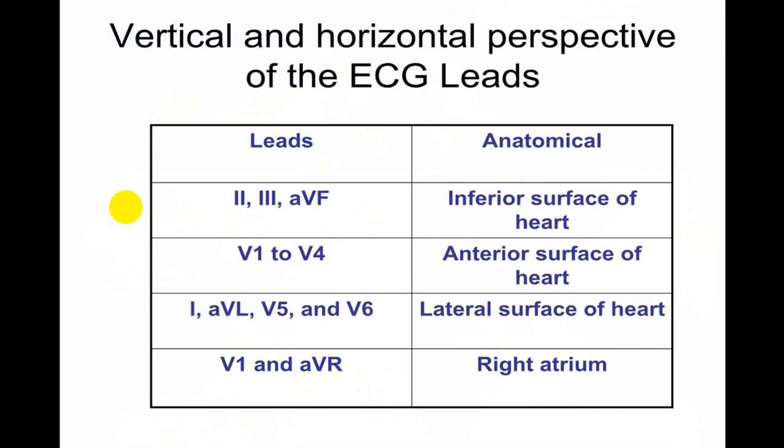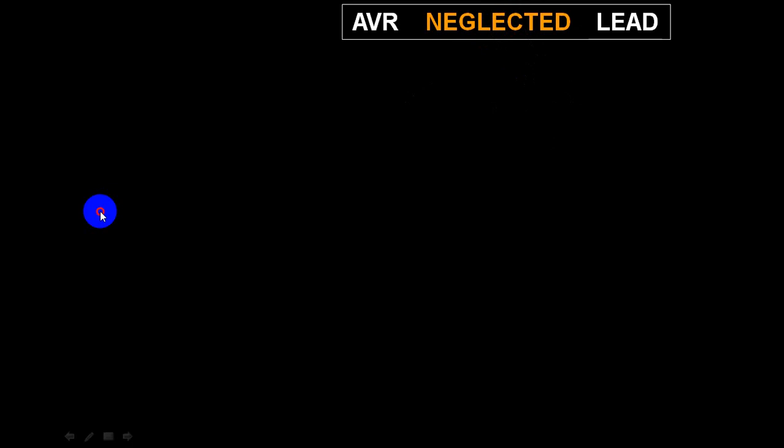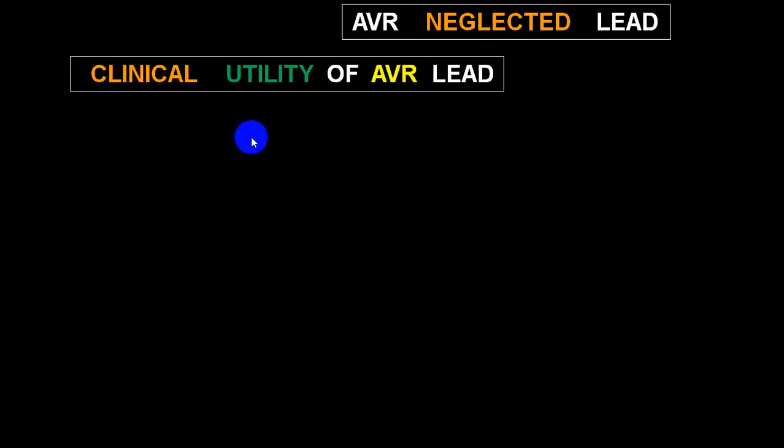Even AVR alone can give you a good idea regarding many conditions. V1 and AVR point towards the right side of the heart, that is the right atrium, so it can give you a lot of idea regarding the right atrium. There are some clinical utilities of AVR even if it is neglected. What are those utilities?